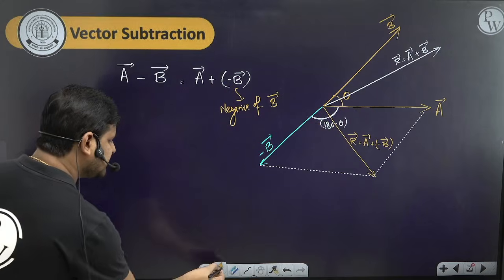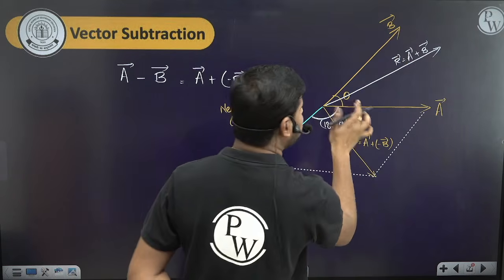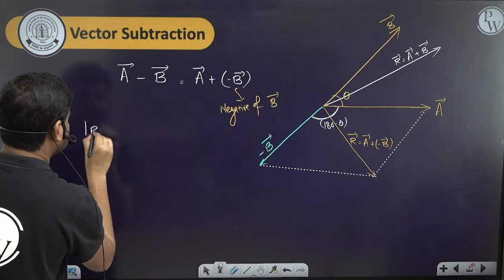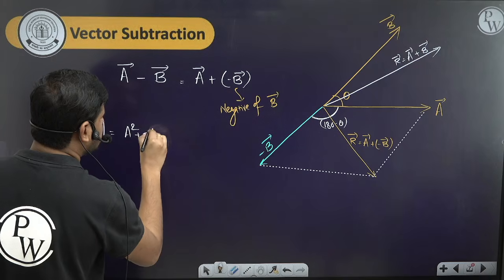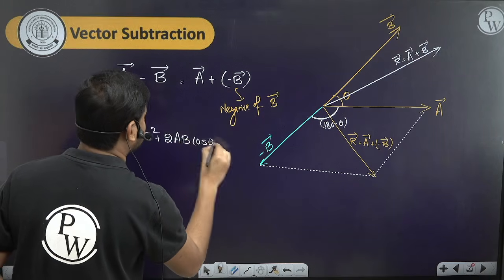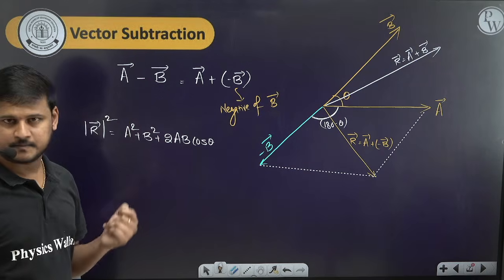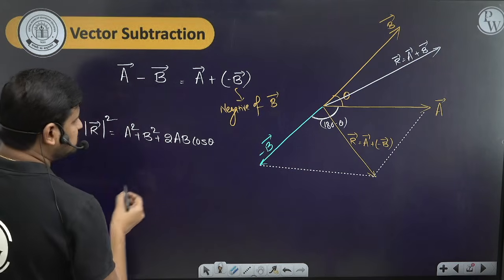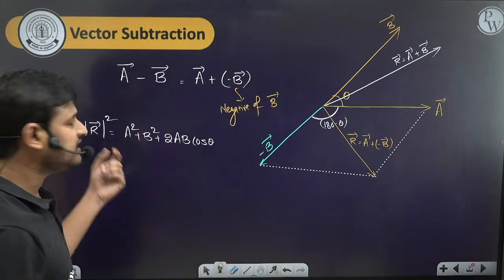So now simple thing is, when two vectors are just adding up, so the angle between them, the resultant, we have got a square plus b square plus 2ab cos theta. So this is the magnitude of the resultant square, right? So now I can simply replace this theta with the 180 minus theta to get the A minus B vector.